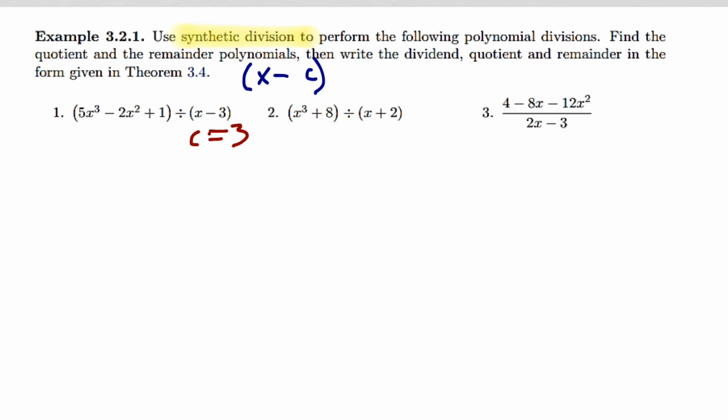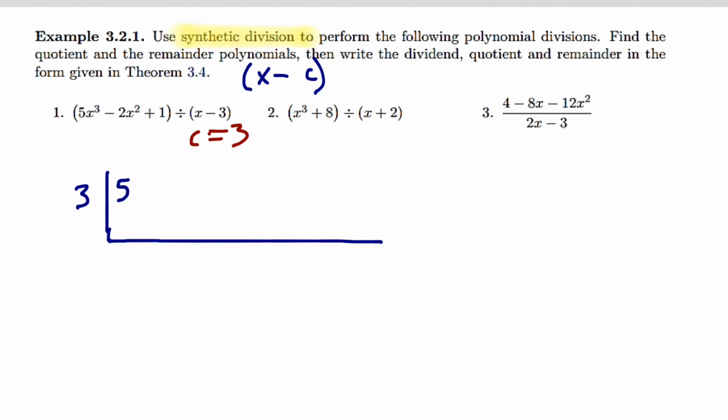So the way we do it is we take our 3 and we write that first. That's our c number. Then we draw a vertical line, and we leave some space, and then we draw this line. Then we take our coefficients from our dividend polynomial, and we write them beside the 3 on the other side of the line.